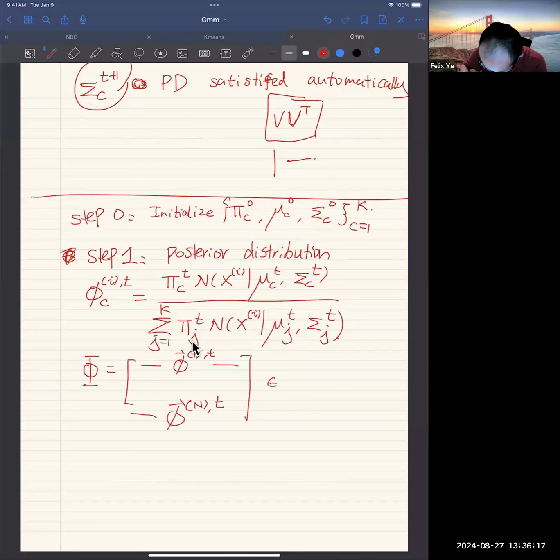Right, so this is actually an m by k matrix. So each row will be a probability vector, so each row sums up to be 1 here. But each column does not necessarily sum up to be 1.